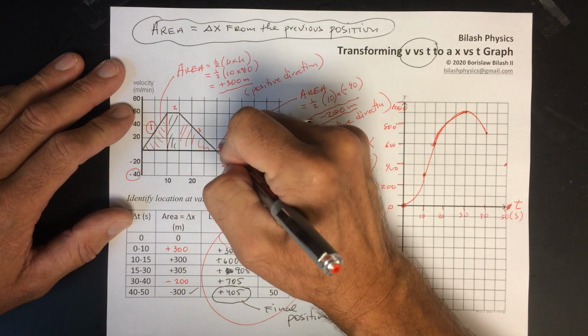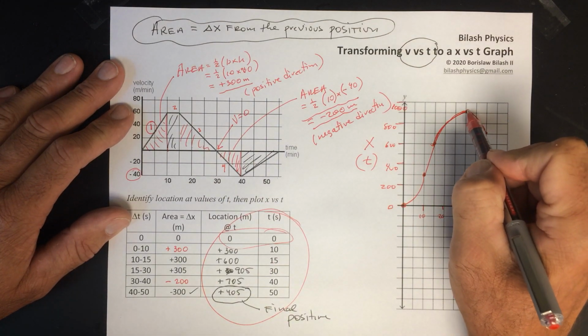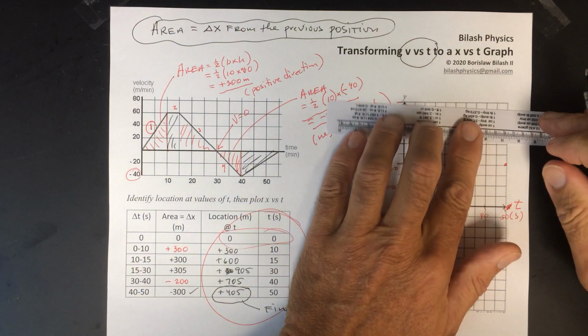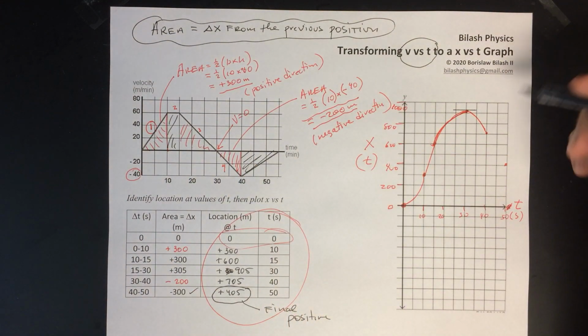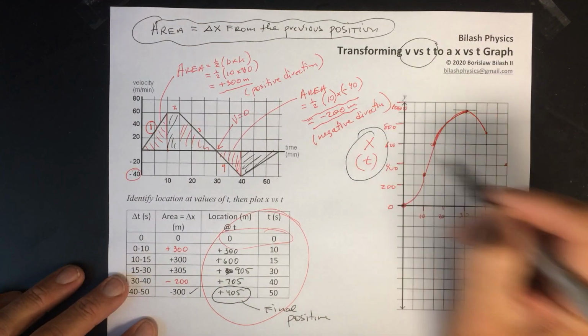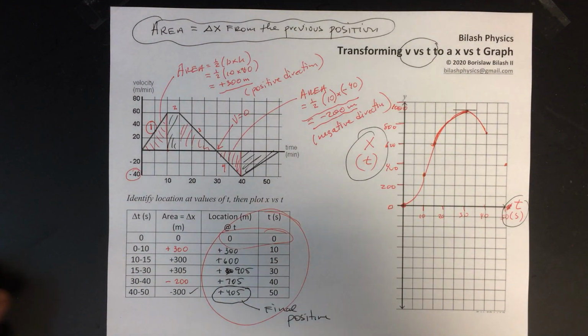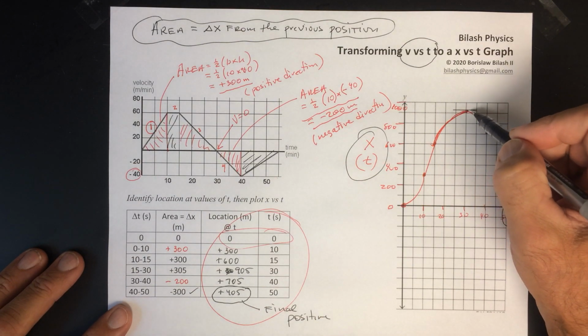I'm just going to point out right here v is equal to 0, which is why we have a tangent line right here. Okay, and that indicates the slope of an x versus t graph indicates what the speed is. The speed is 0 right at that point. And what's happening, we're changing direction.